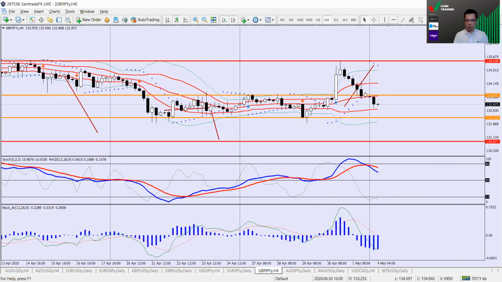If it broke above 11350, we could look to buy. If it broke below 132.21, we could look to sell. These are not just numbers plucked out of the air. There's a reason why I specified those levels to buy or to sell.